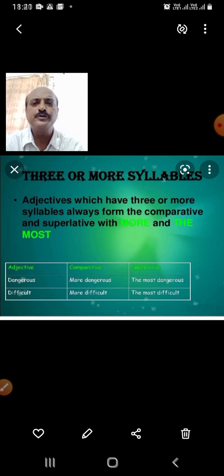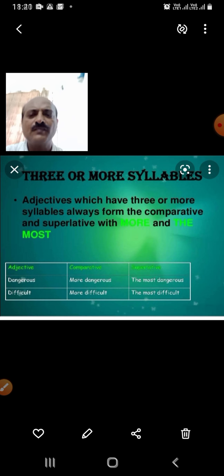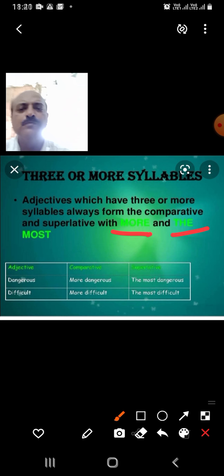Now today I am going to explain to you about three or more syllables. Syllables means vowels in a word. When there are three or more vowels in a word, we add more in the comparative degree and most in the superlative degree. Adjectives which have three or more syllables always form the comparative and superlative with more and the most.